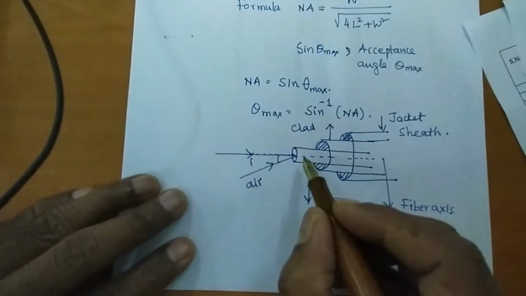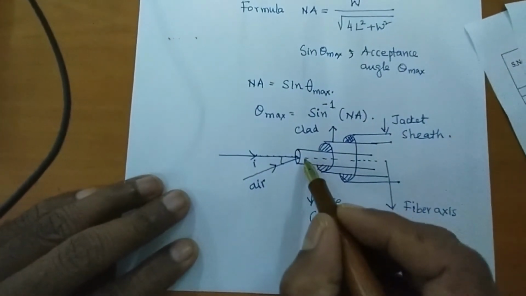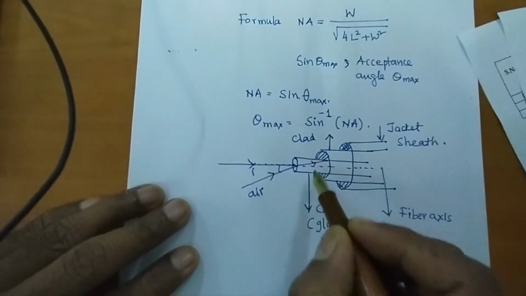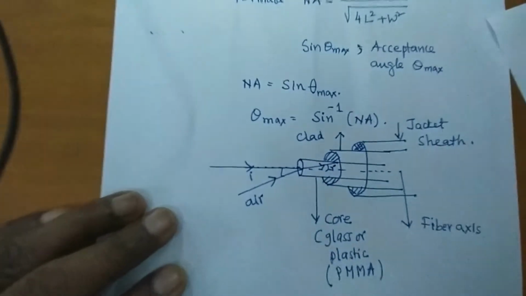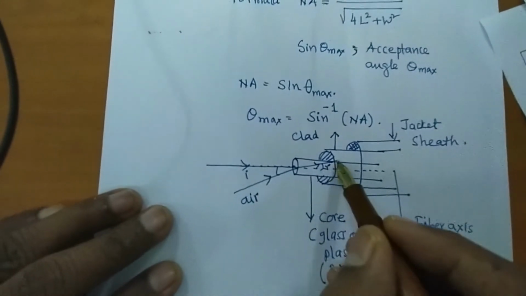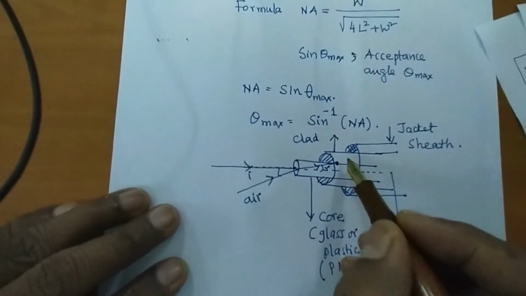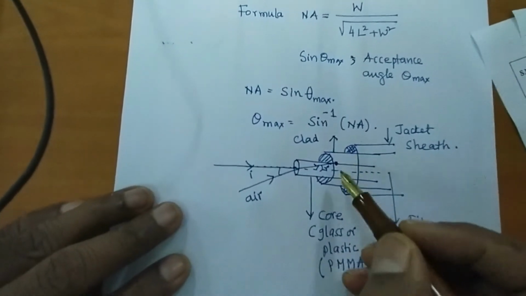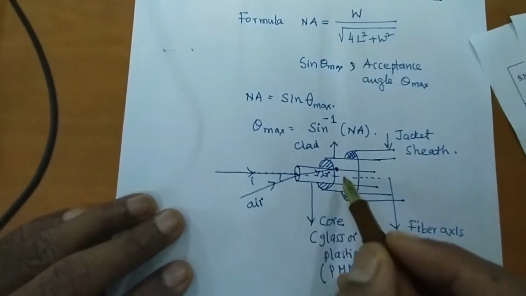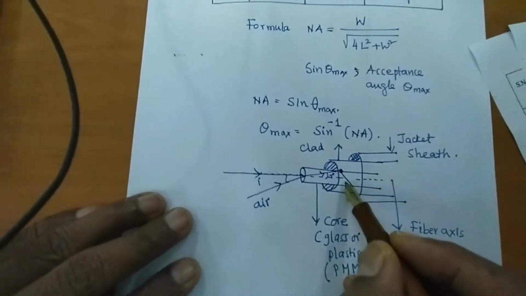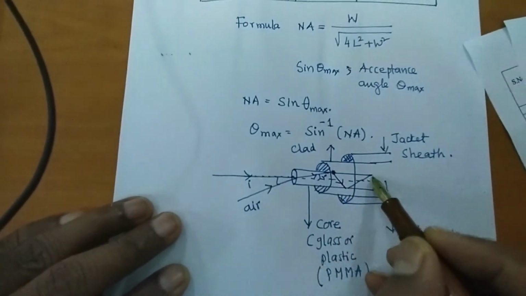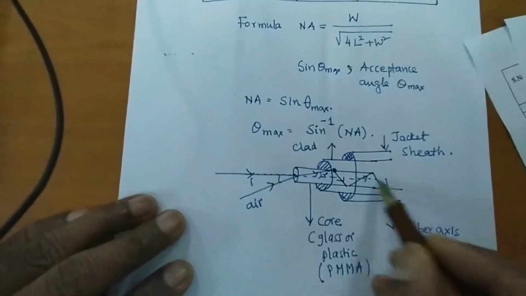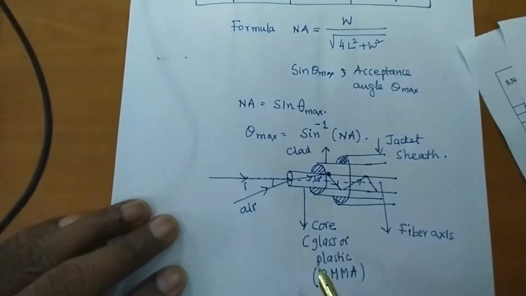So it undergoes a refraction at this interface and the light hits somewhere here. This is the angle of refraction. If the light strikes this core and cladding interface at an angle greater than the critical angle, then only it undergoes total internal reflection, and with multiple total internal reflections, it propagates through the length of the fiber like this.